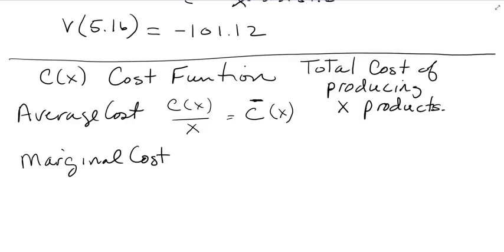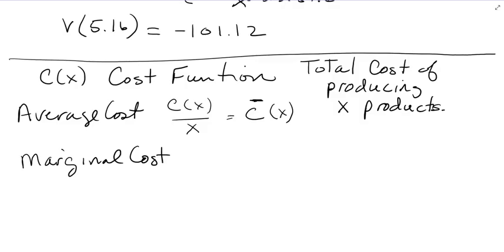So where were we? Marginal cost. Those of you who are business students are probably already aware of this: it is just the cost of producing that next item. In other words, the marginal cost when X equals 100 is the cost of just producing the 101st item. It is the rate of change of the cost.